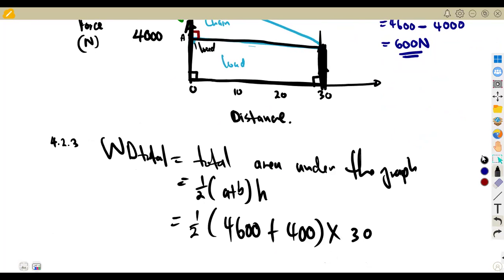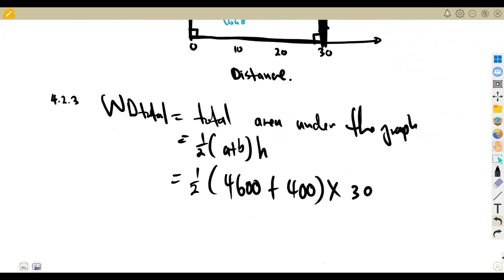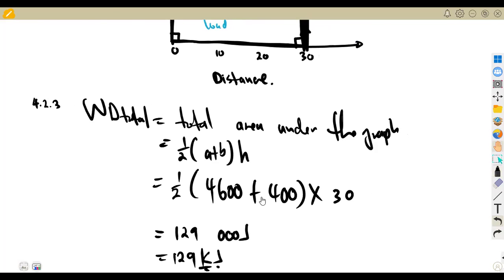That is 30. That is how we could have calculated this. So we've got the total work done there, and that was going to give us 129,000 joules, which is 129 kilojoules, like I said, if we divide by 1,000.